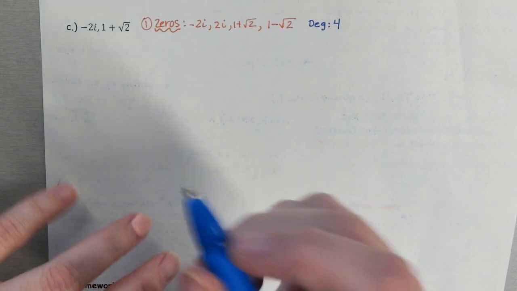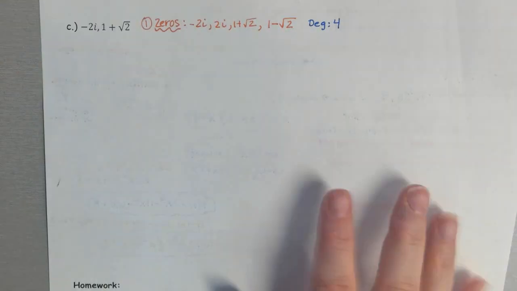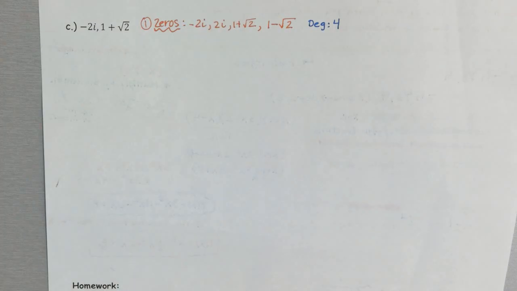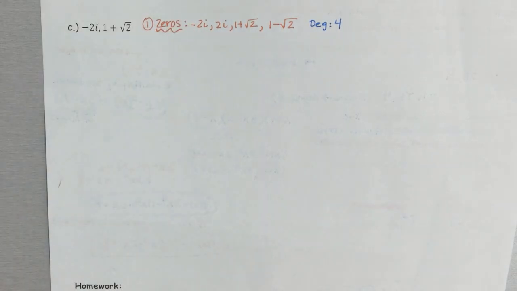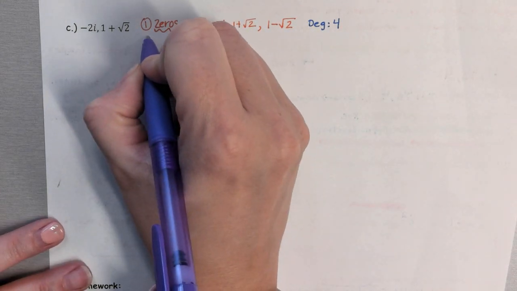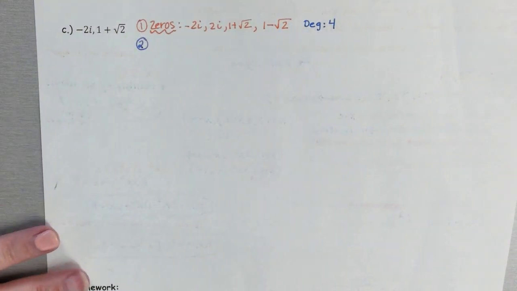Okay, so for step 2, now is where we're going to write this out. So when you're writing this out, you only need brackets if it's a binomial. So if it's just negative 2i, that's one term, so you don't need a bracket. Do you guys remember the factored form? The factors are what? X minus c.